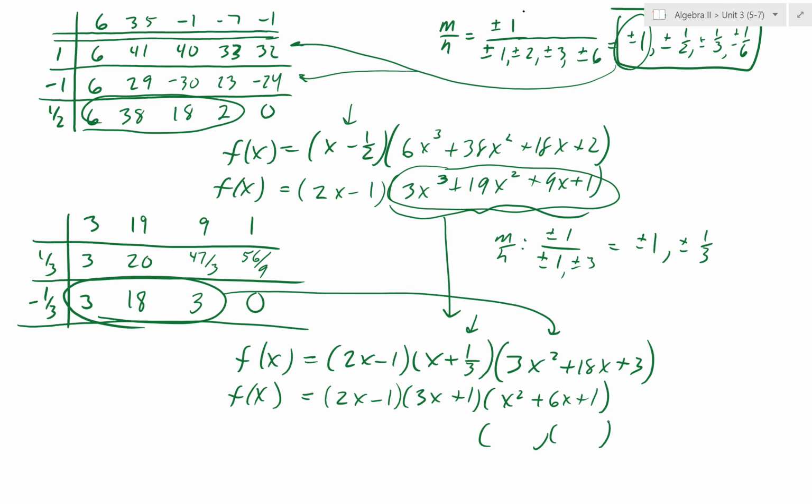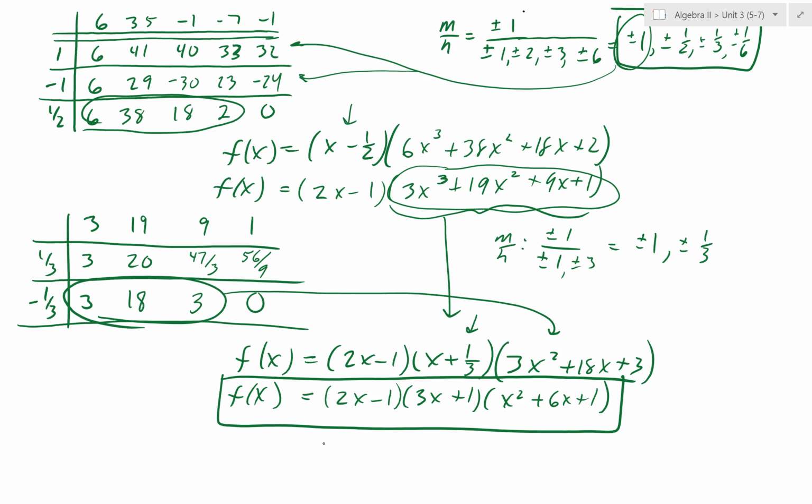What numbers multiply to get 1 and add to get 6? 1 and 1, wait. Only 1 and 6. 6 and 1. Oh, wait, no. No, never mind. Okay, there are none. You can't. The only two numbers you can multiply to get 1 are 1 times 1. And those, you can add them or subtract them, they're never going to give you 6, so it will not factor, which means we're done. This is in factored form.